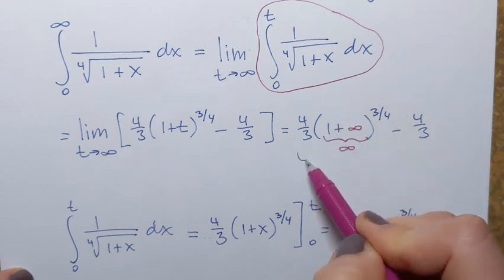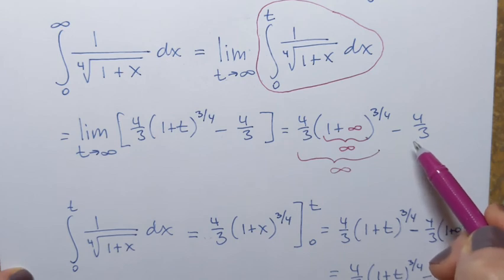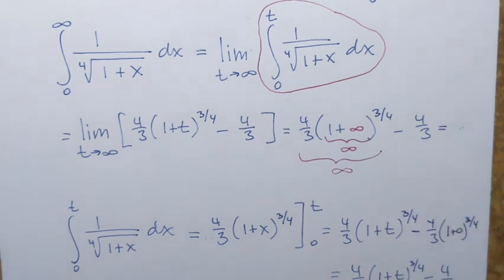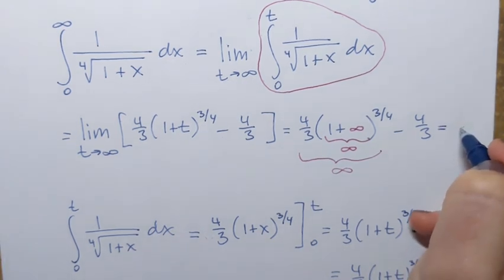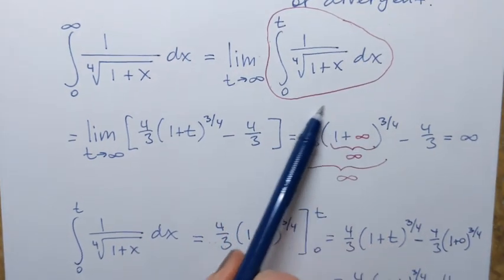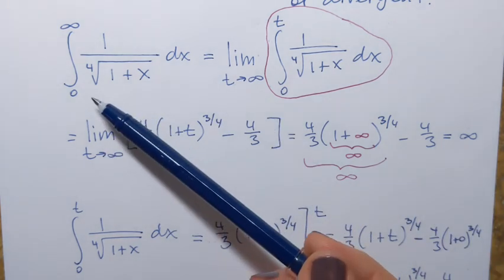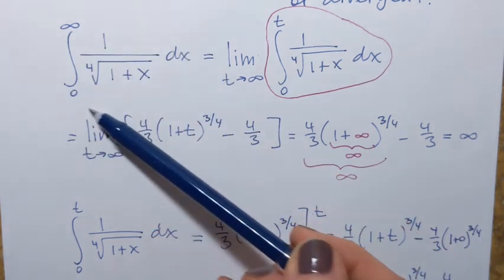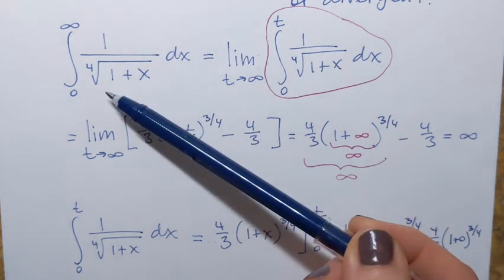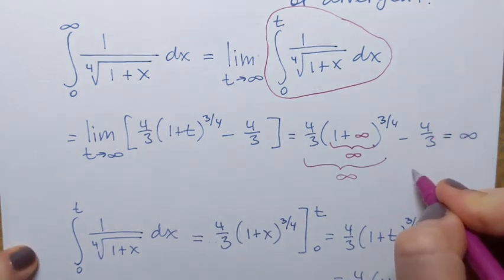So in other words, all that is infinity. And then infinity minus or plus any constant is still infinity. So long story short, we end up with infinity as we try to evaluate this limit. And since we ended up with infinity as a result of this integration, it means that this integral is divergent. So the answer will be divergent.